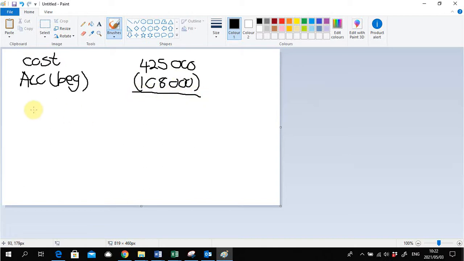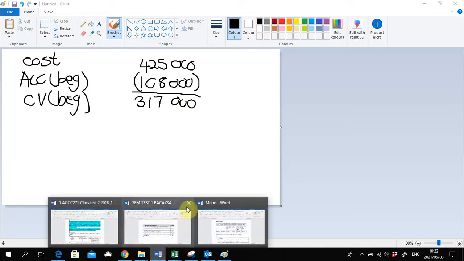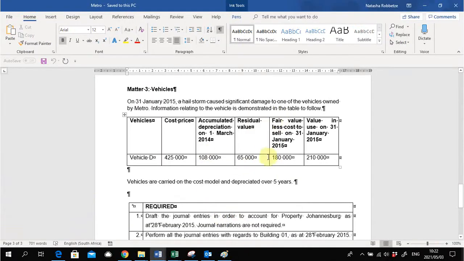Therefore, we have a carry value at the beginning of the year of 317,000. Right, now we need to bring this asset up to date, because we cannot take this carry value, which is for the beginning of the year, and then compare it to the fair value less cost to sell or value in use.